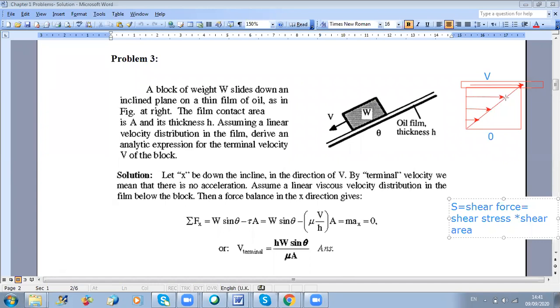Why? Because the shear effects inside the fluid will oppose its motion. So the velocity of the fluid will not be V everywhere. You will have a gradual variation from big V at the contact with the moving plate until reaching 0 at the bottom. So hope it's clearer now.